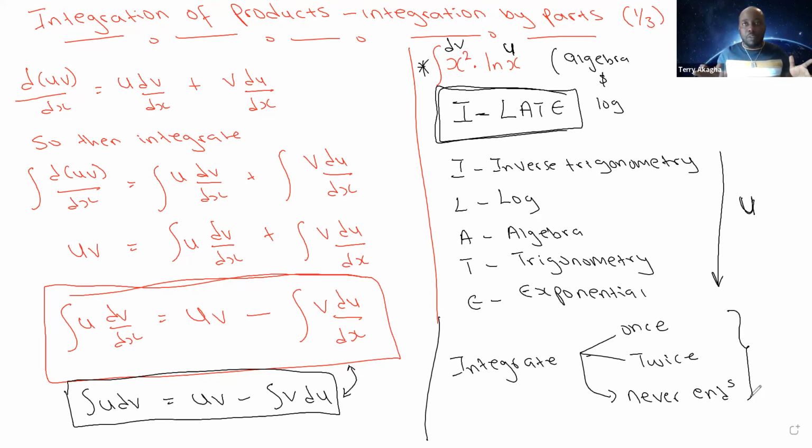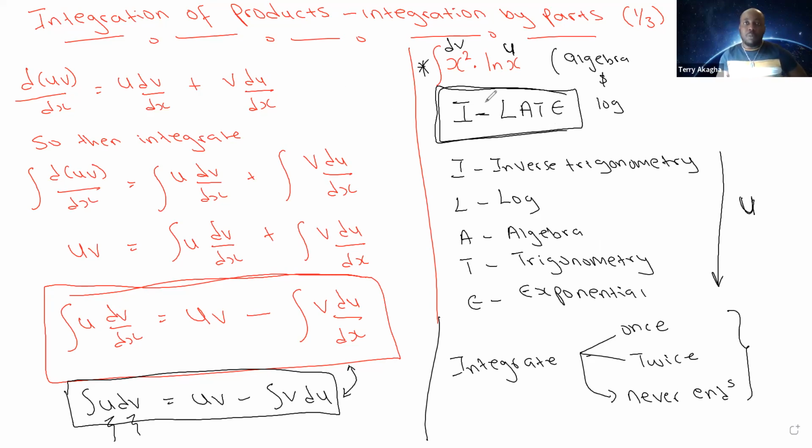So generally, how do you integrate products? It's using the integration by parts method, okay? The formula is the integral of u dv is equal to uv minus the integral of v du. The question now is, which one is our u and which one is our dv? You use the ILATE method.